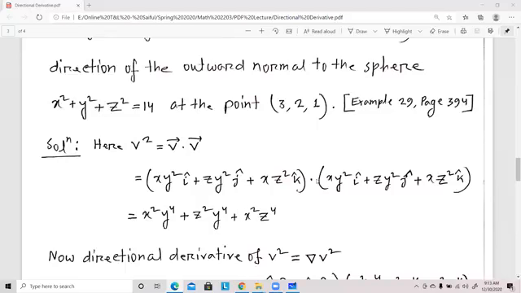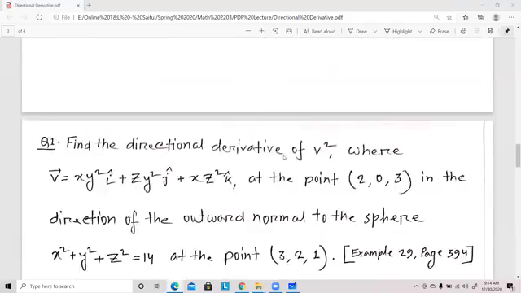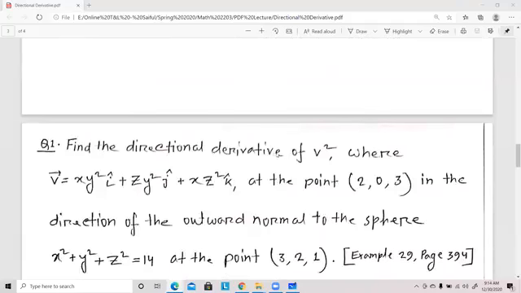So if we do the dot product of these two vectors, we get x square y to the power 4 plus, for the second term, z square y to the power 4, and from the last term x square z to the power 4. Okay? So we have generated v square. Now what do we have to do?